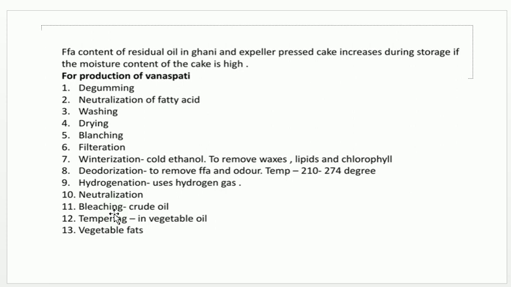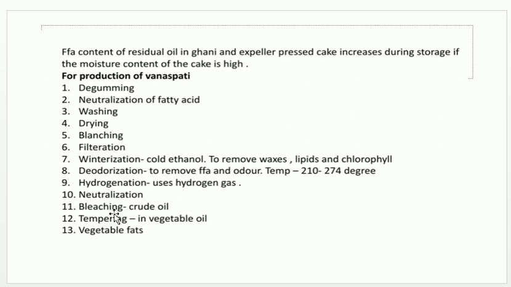Further, for production of edible oil, the following operations are generally carried out: degumming, neutralization of fatty acid, washing, drying, bleaching, filtration, and winterization. It is a refining process, generally done by cold ethanol to remove waxes, lipids, and chlorophyll.